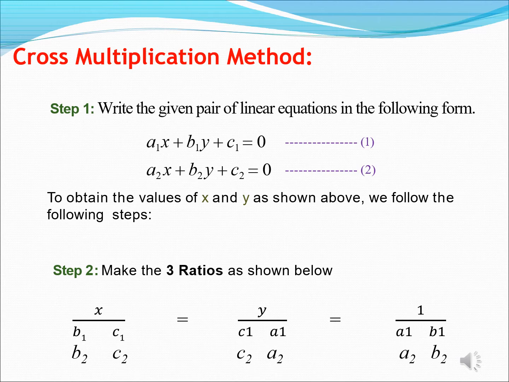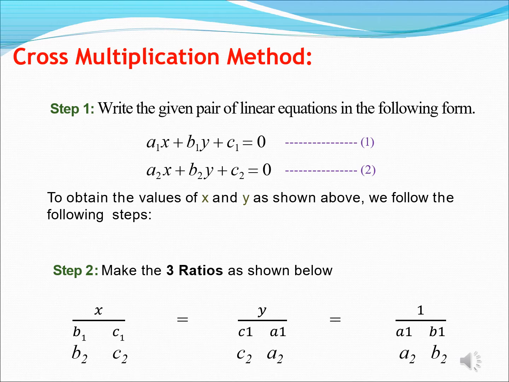You will be having a1 a2 c1 c2. Now this is what you have to remember. Below y, in the denominator portion, you have to write c1 c2 and then a1 a2. You can see just in step 2 what we have written below the y ratio.